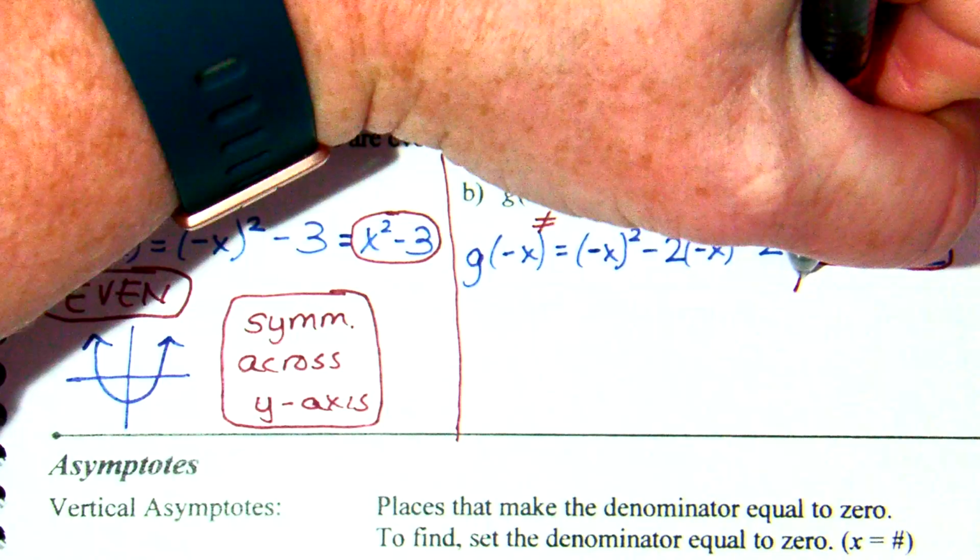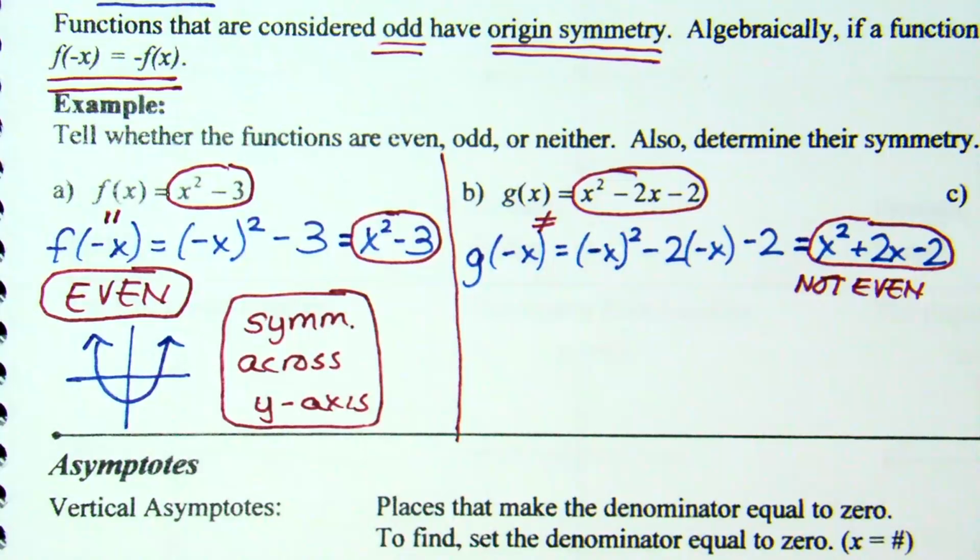So which one will we plug into the graph? The graph would always be the original. Okay, that's my fault. Now, in order to figure out if this has origin symmetry, we already know g of negative x. We also have to know negative g of x. Negative g of x says I take the original g of x function and multiply it all by a negative. So like distribute a negative.